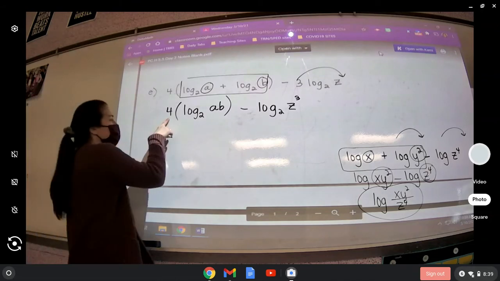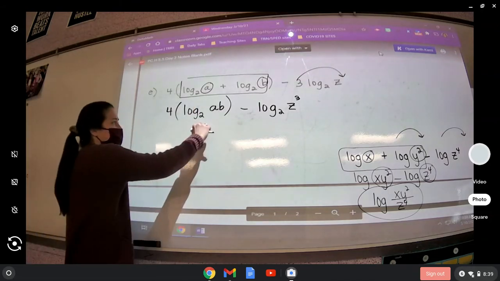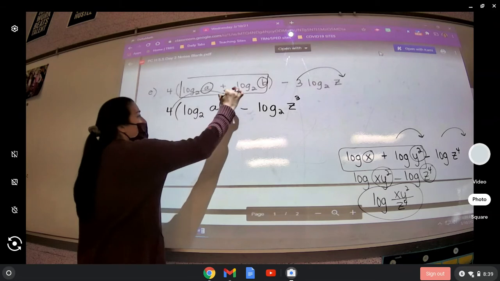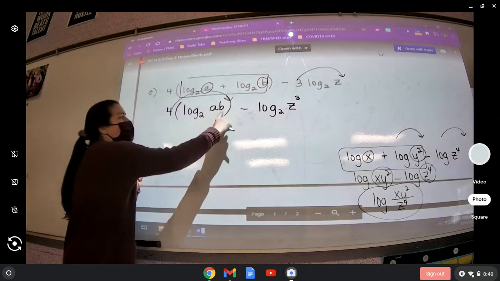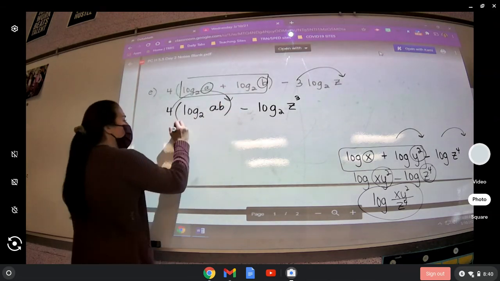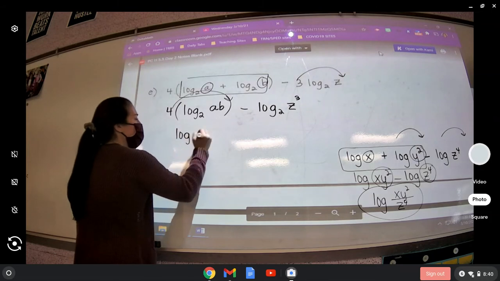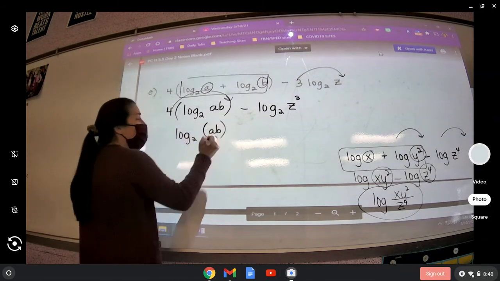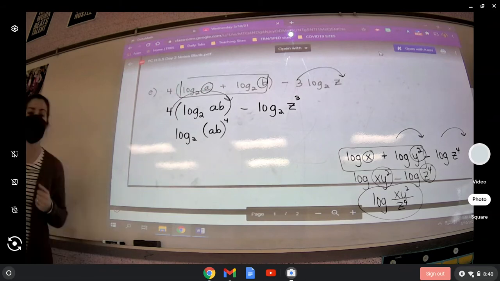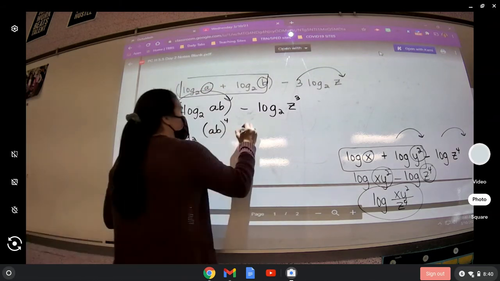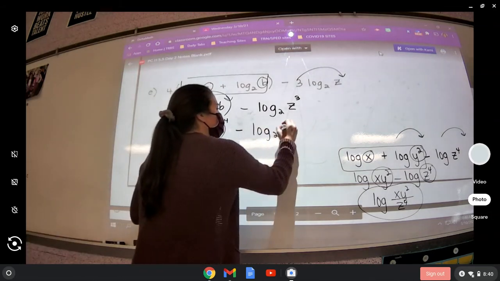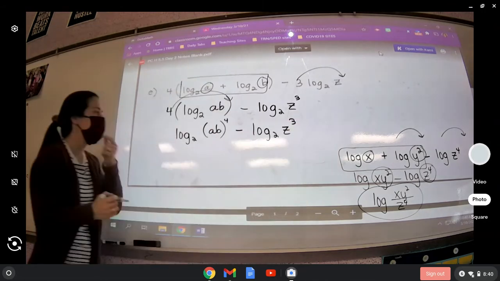All right, so now, guys, this 4 is in front of this entire logarithm, which means he's got to go back up as an exponent on all of that. So this will be log base 2 of AB, the whole thing is now raised to a power of 4, minus log base 2 of z to the 3rd.